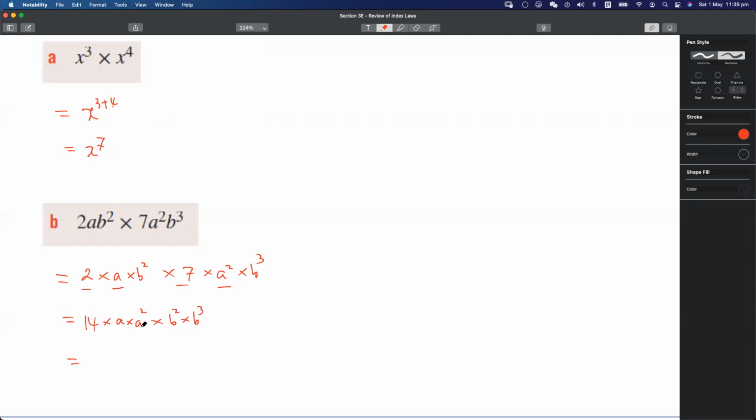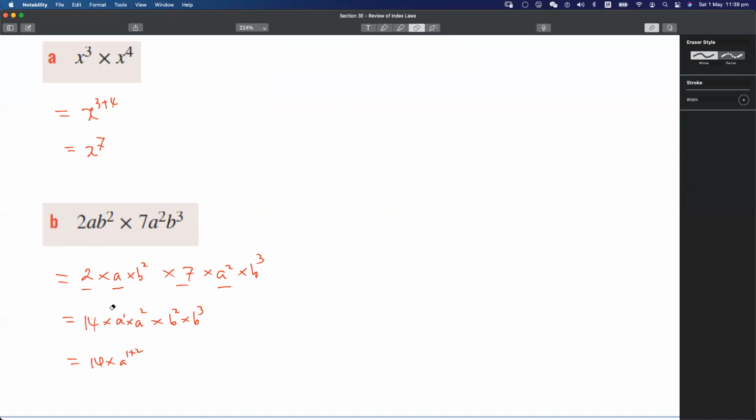We have grouped the parts with the same base, and then we combine them. Retain a, times a squared, retain the base, and we add indices. 1 plus 2. a to the power of 1 is equal to a, so there's a hidden 1 there.